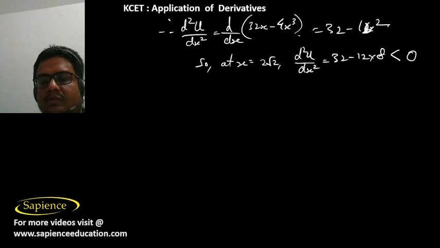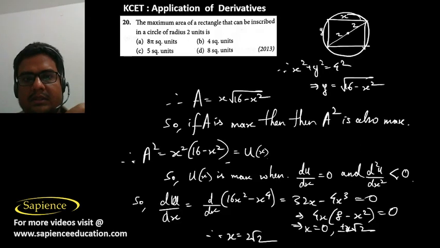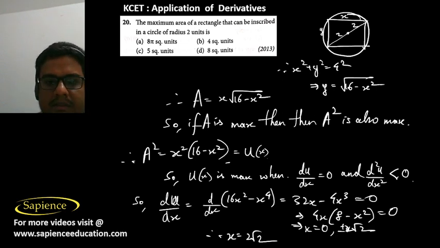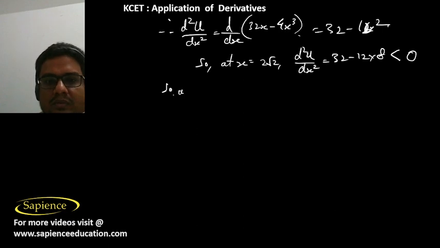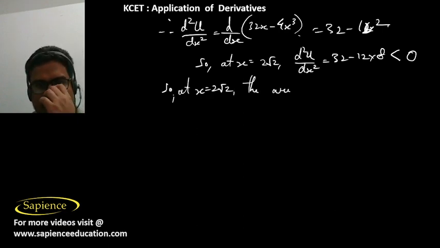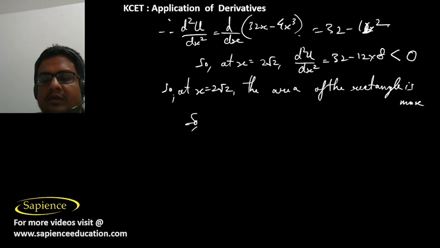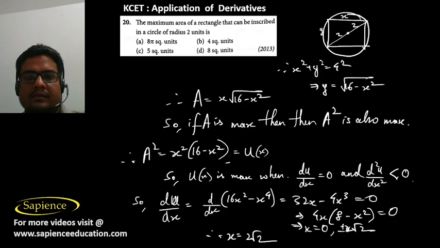Obviously, 32 minus 96 is less than 0. It means that at x equal to 2 root 2, the area of the rectangle is maximum.